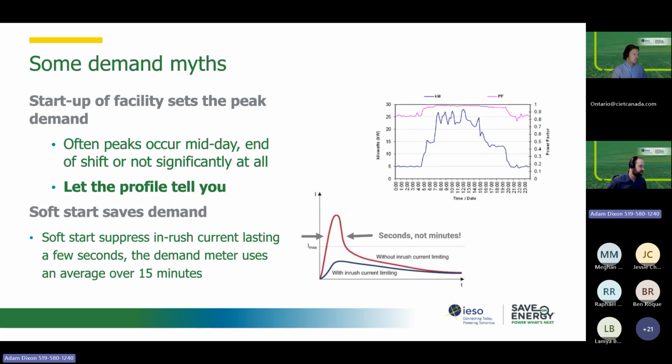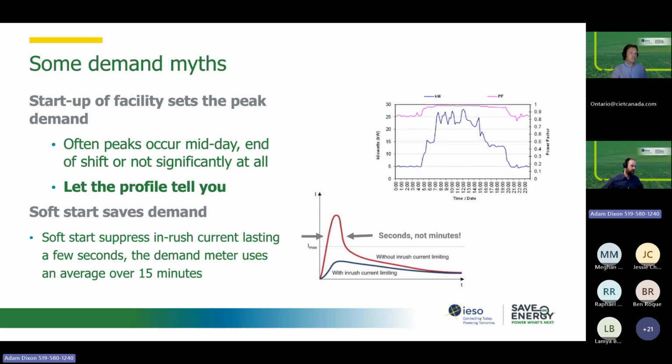The second myth is that a soft start saves demand. Oftentimes you have large loads, like a large motor, fans, pumps, and you can put a soft start on, which limits the inrush current that comes into the motor when it starts. You can actually use a lot more energy on the motor for a small period of time when it's starting up, but because that only lasts for seconds, it's not usually going to set your peak demand.